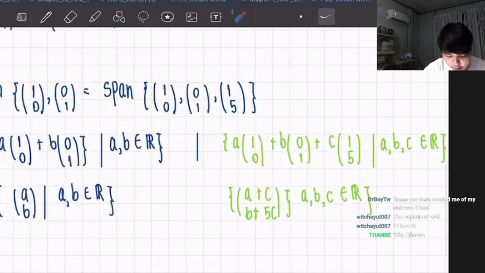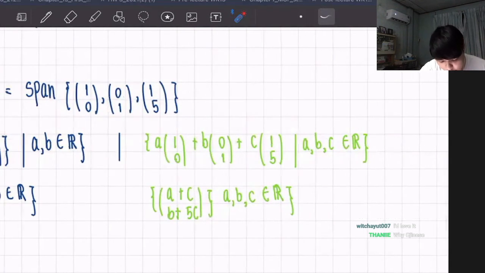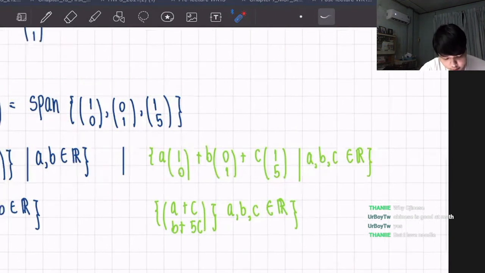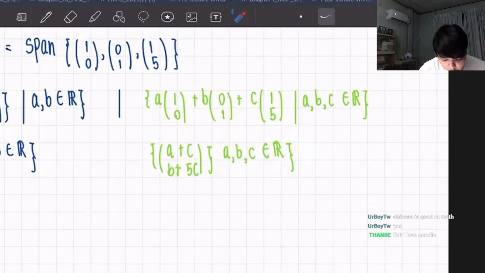Go to the right hand side: we have a times (1, 0) plus b times (0, 1) plus c times (1, 5), where a, b, c are real numbers. The next line is (a + c, b + 5c), and a, b, c are real numbers too.